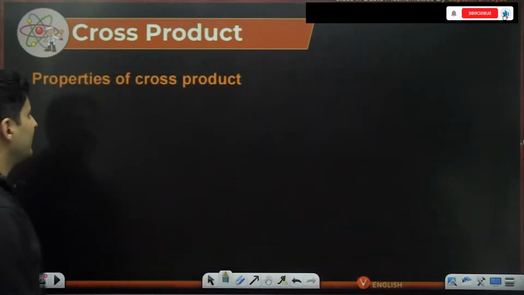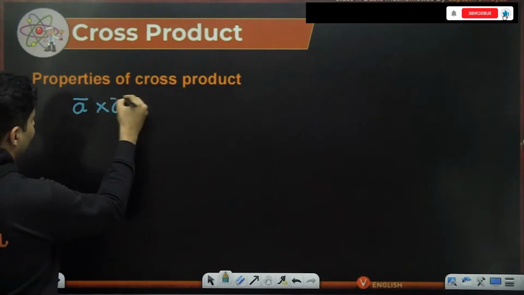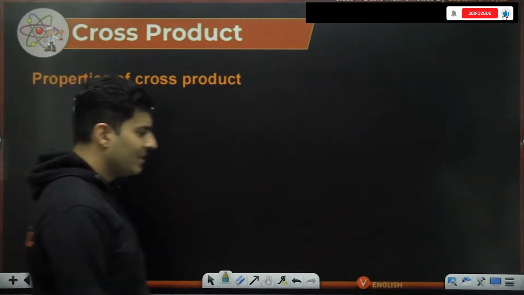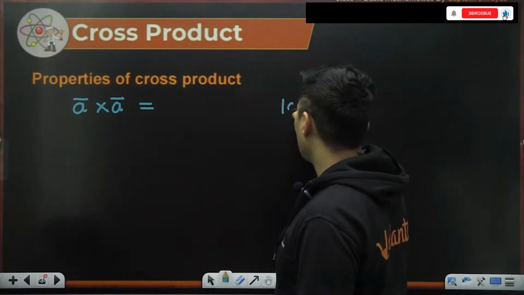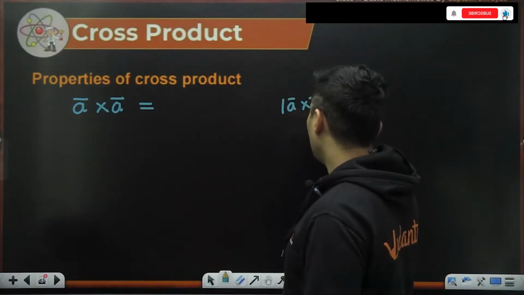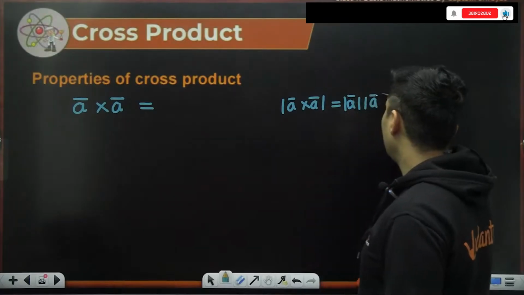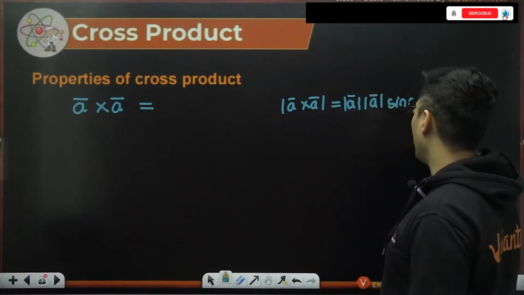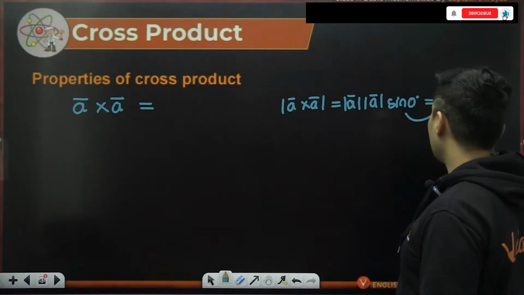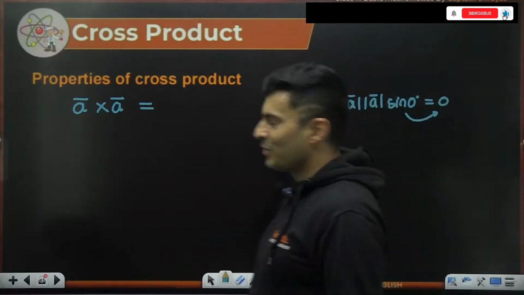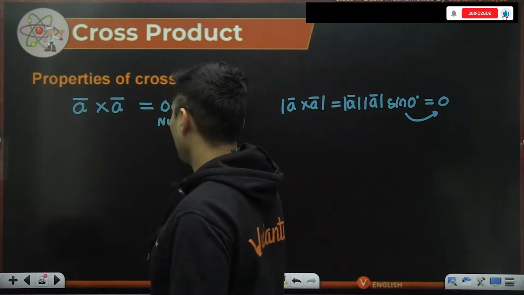All right. So let's say we do A bar cross A bar. Let's see how many of you can get this. If you look at the magnitude of A cross A, it will be magnitude of A into sine of the angle between them. Sine of 0 is 0, so 100% it will be a null vector.